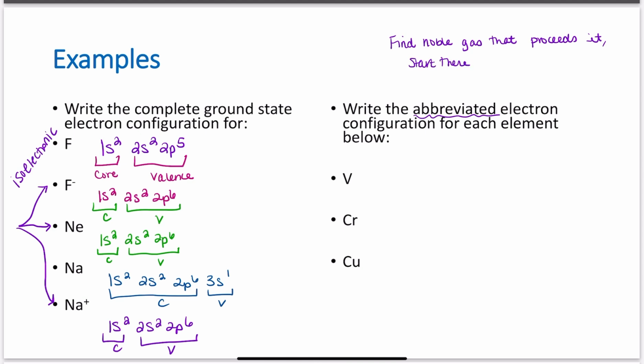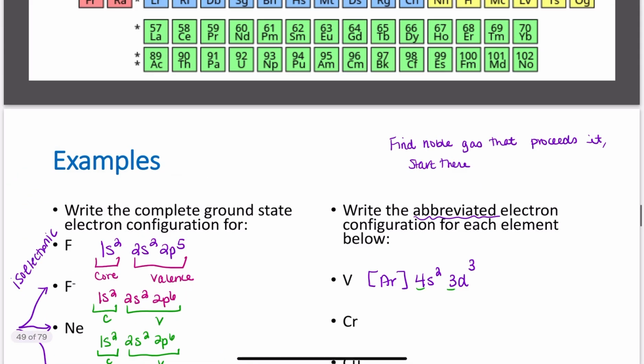So what I mean by that, if I look up vanadium, the noble gas that precedes vanadium is argon. So I find argon on the table, I then start counting from there. Vanadium, 4s2, 3d3.